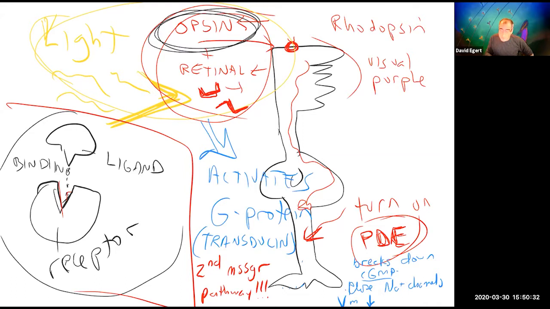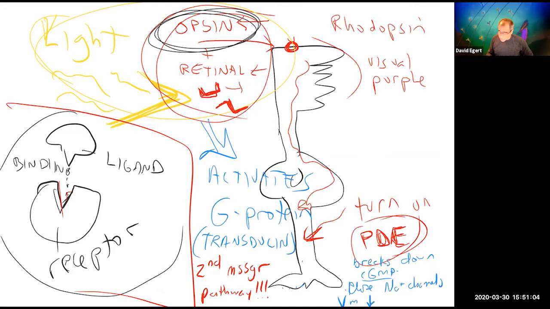Depending on which opsin it is, you can tune it to absorb light at different frequencies. So the rods absorb light optimally around this green zone, kind of spread out. For the cones, it's more tightly tuned, specifically just around red for the red cones, blue for the blue cones, green for the green cones. But the basic process is the same.